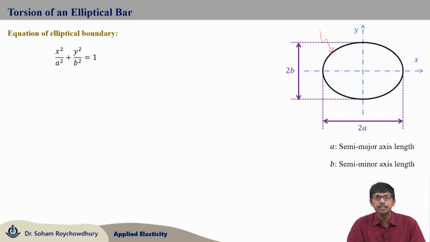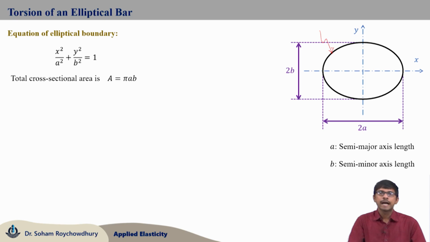Now, based on this, we are going to choose our Prandtl stress function. And for this ellipse, the formula for the cross sectional area is pi times a b. The total area is pi times the semi major axis length times the semi minor axis length. Pi a b equals the total cross sectional area capital A.